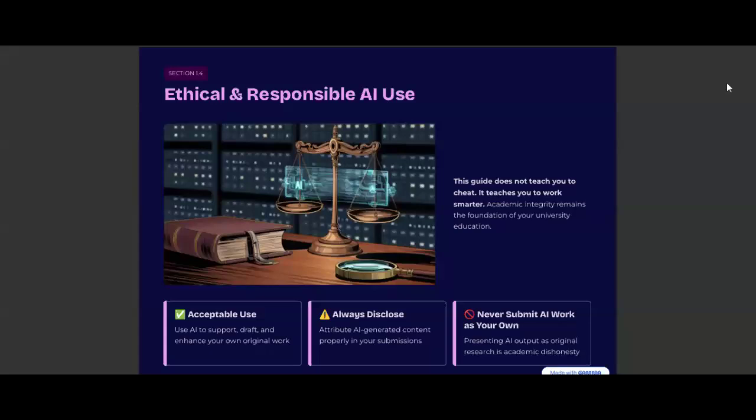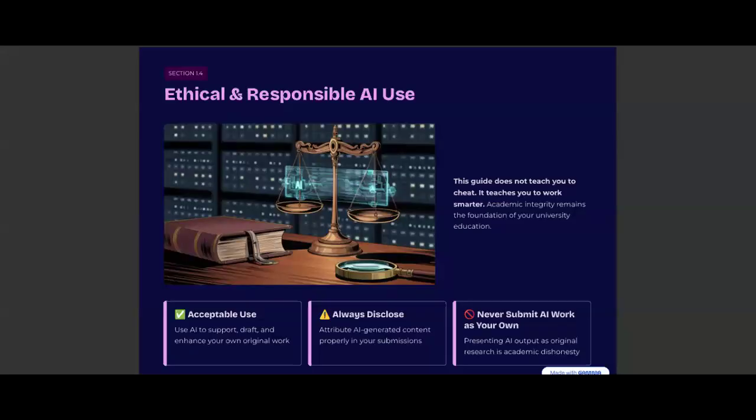the ethical use, responsible AI use. It is not well seen that you take some information and say that you are the owner of that information. It doesn't seem good. It doesn't seem professional. It is not ethical. It's not responsible use.